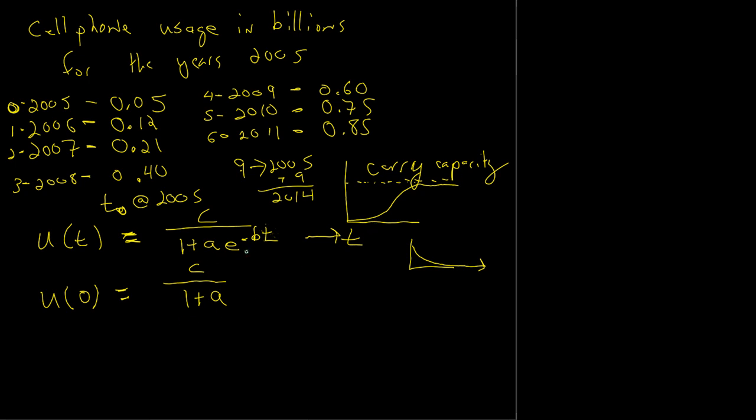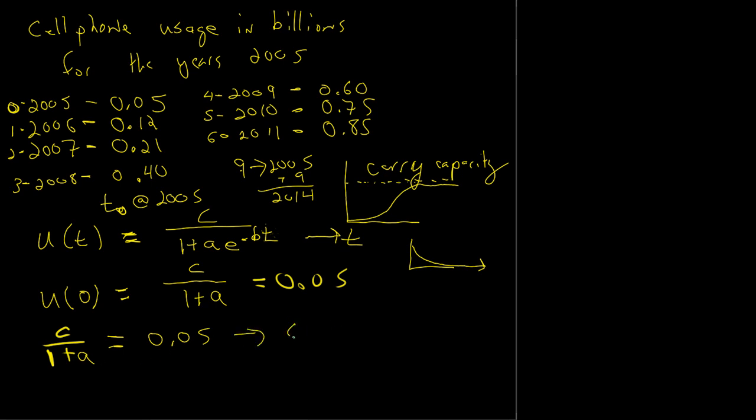And so what we need to do is find the b constant and the a constant. Well, at time equals 0, we know our answer is 0.05. So we can take this c over 1 plus a, oops, hit the wrong pen here, but we're getting there. c over 1 plus a is equal to 0.05. I'll cross multiply.